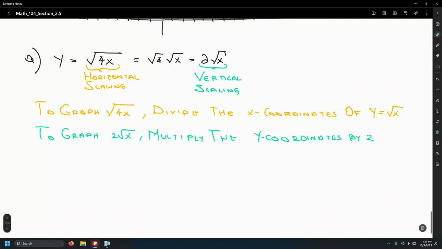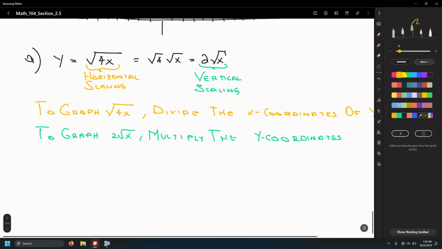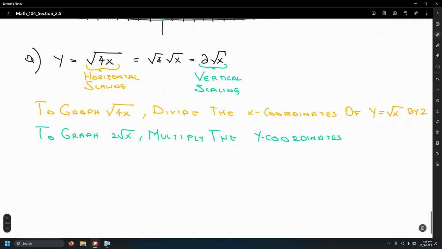Oh, I forgot to divide by 2 in this case. The y coordinates of y equals the square root of x also by 2. All right, so those are the two ways to go about graphing this function.